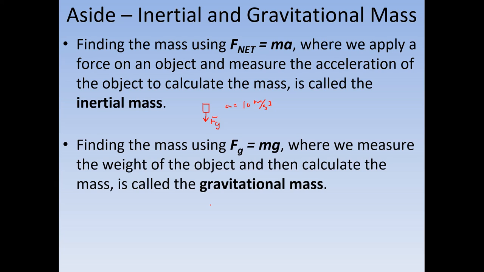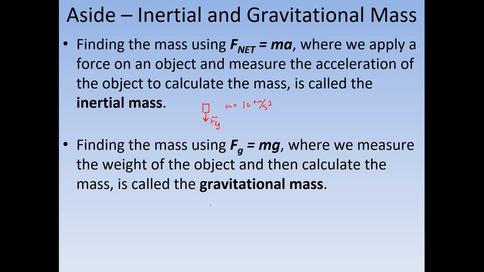The idea is that you want to be aware of what experiment you're doing, what equation you end up using, and whether that's getting you the inertial or gravitational mass. Sometimes there are experiments that can be a little tricky as to whether they use F net equals ma or Fg equals mg. Like I said, this also pertains to equations derived from these two equations.